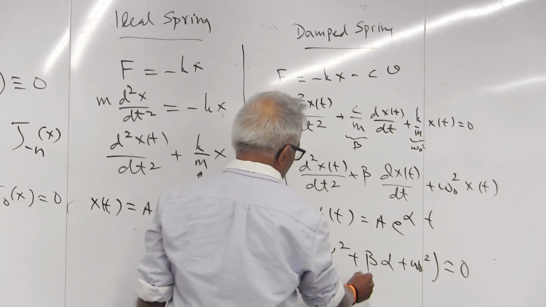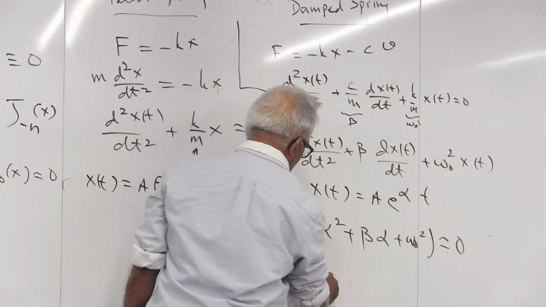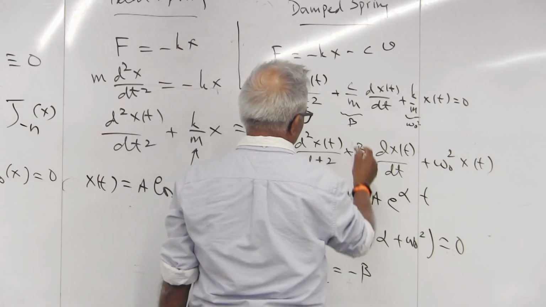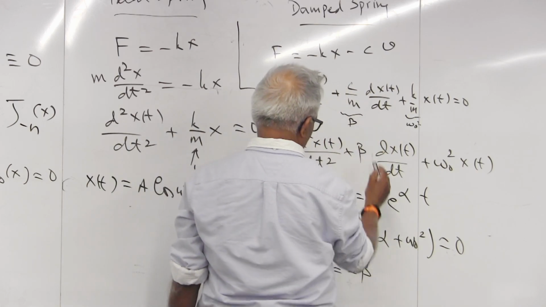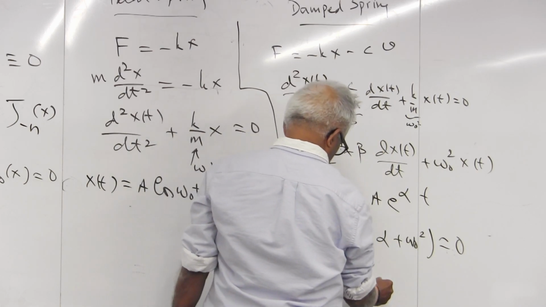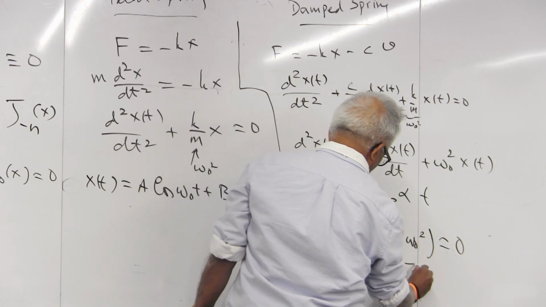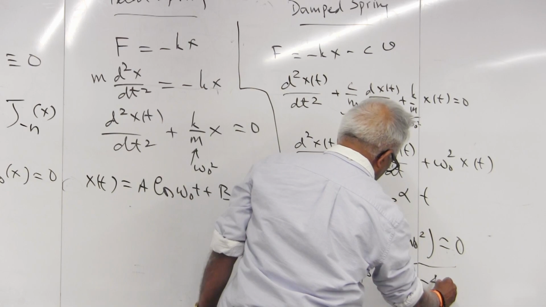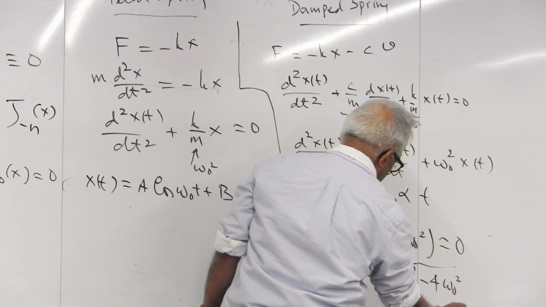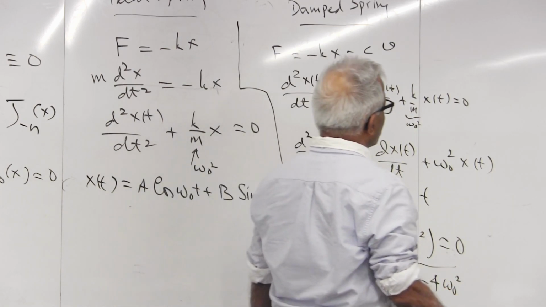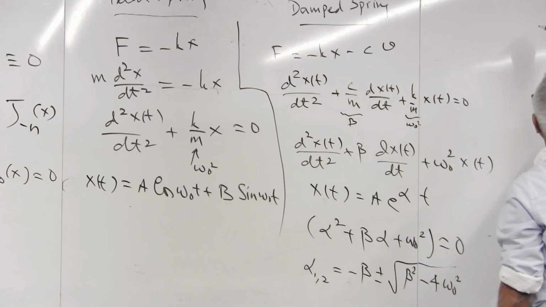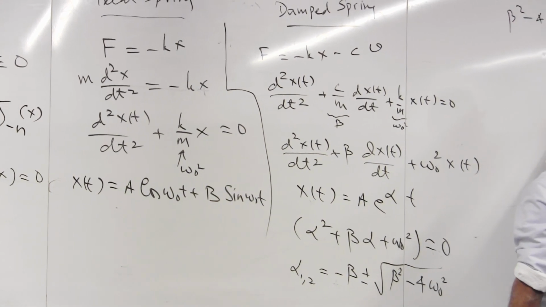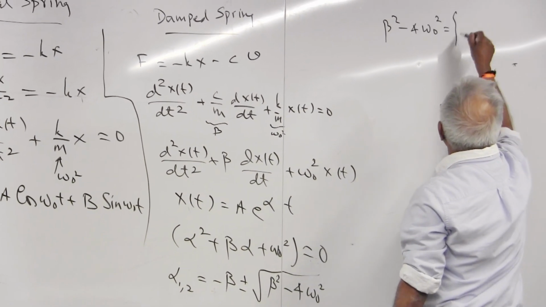So the roots alpha 1, 2 are minus beta, remember beta is positive since these quantities, m, are positive, plus or minus the square root of beta squared minus 4 omega 0 squared. Depending on whether beta squared minus 4 omega 0 squared is positive, 0, or negative, there are three cases.